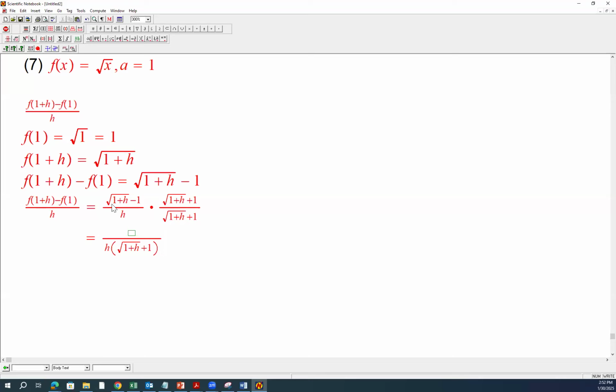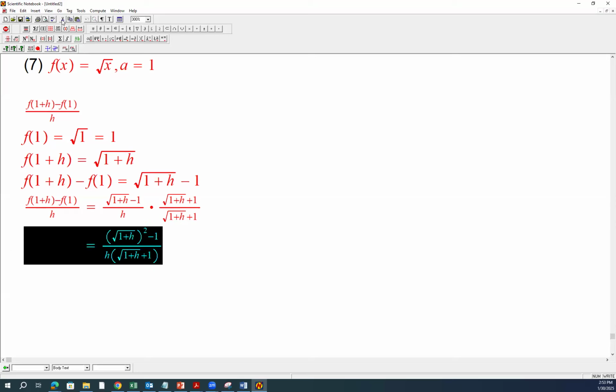Sorry, my bad. And the top is a product of conjugates, right? So it equals the root of 1 plus h, squared, minus 1 squared. 1 squared is 1, right?